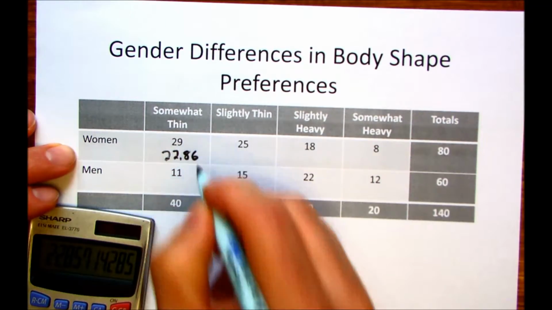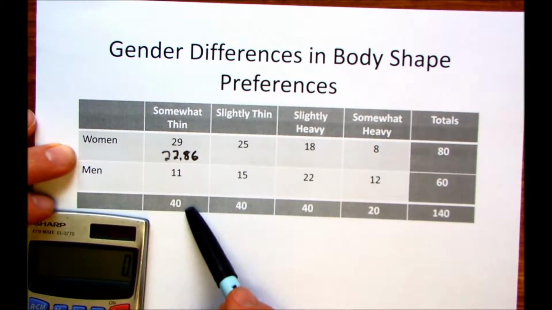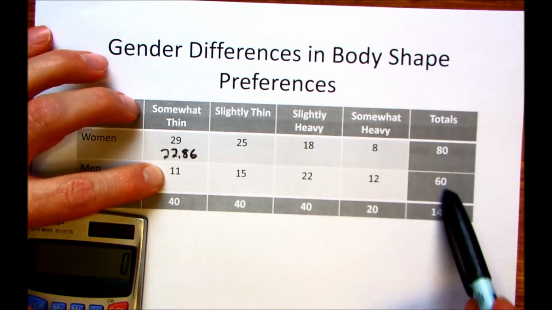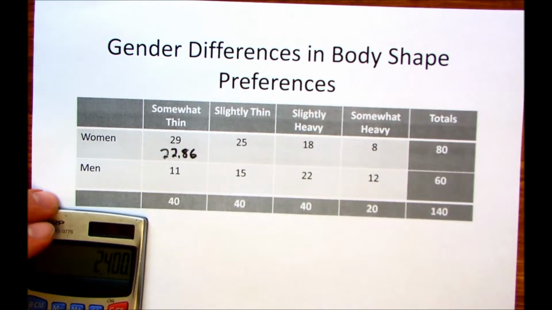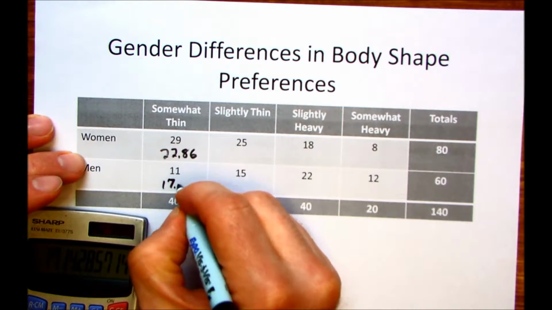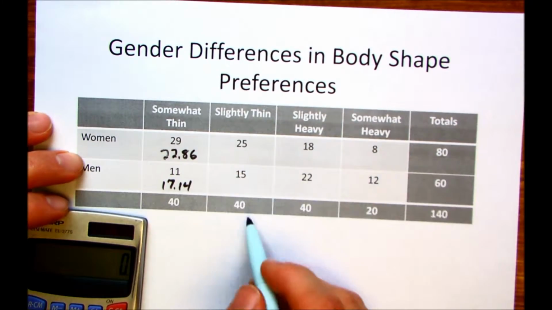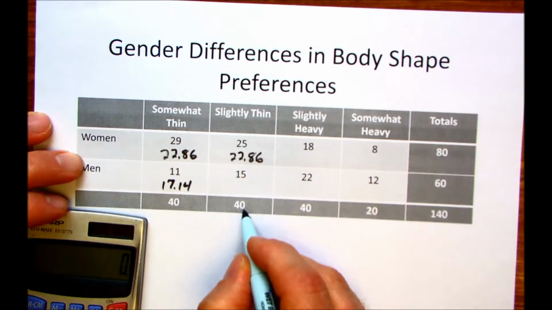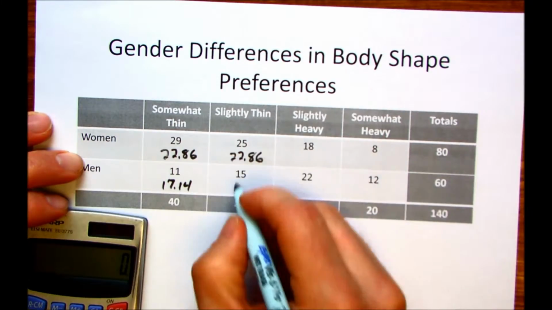That gives 22.86, very similar to the observed frequency. For this cell it's 40 times 60 divided by 140, which is 17.14. Again, this one will be exactly the same, 22.86.